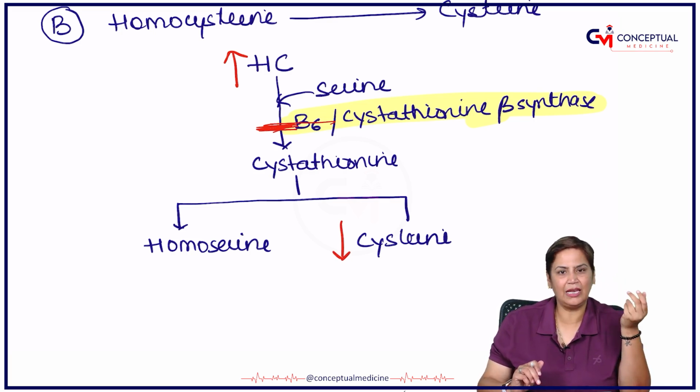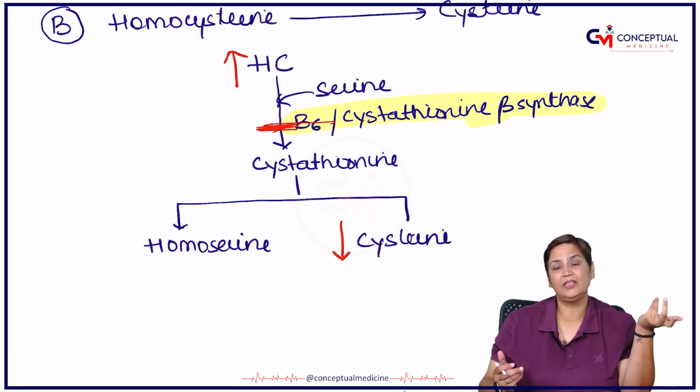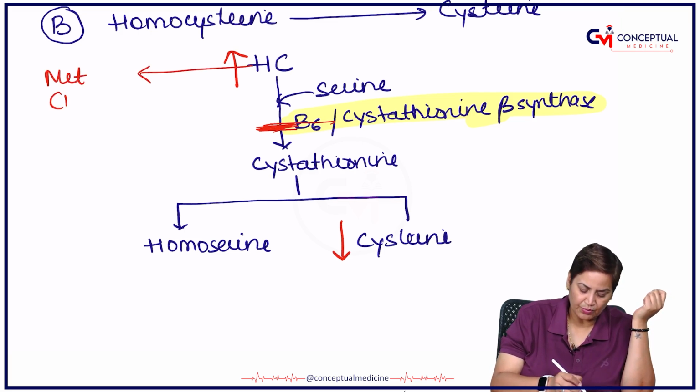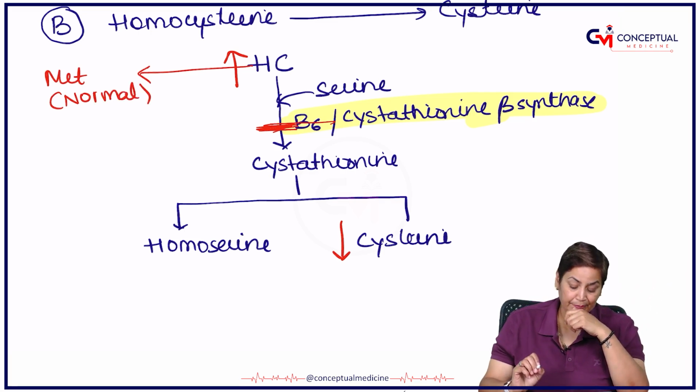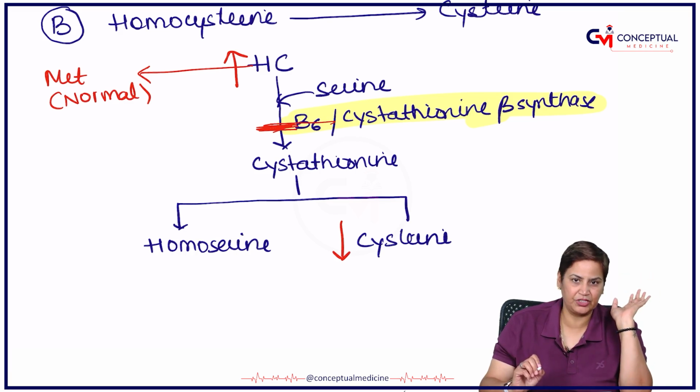And if we talk about the level of methionine, methionine will be normal. Why methionine will be normal? Because homocysteine will be converted into methionine. There is no hindrance in that. So I can say homocysteine can be converted into methionine. So methionine will be normal. And this is the basic difference between B9, B12 deficiency and B6 deficiency.